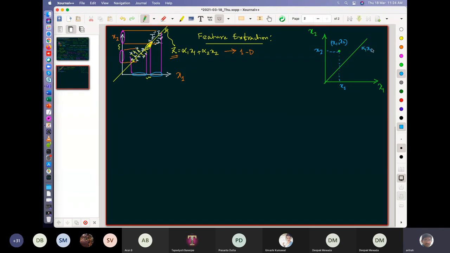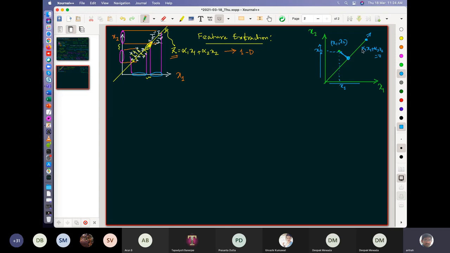This is alpha 1 x1 plus alpha 2 x2 equal to 0, which means any point here has alpha 1 times x1 vector and alpha 2 times x2 vector, and along this direction that vector is alpha 1 x1 plus alpha 2 x2, which means the projection of this point here would result in this position.